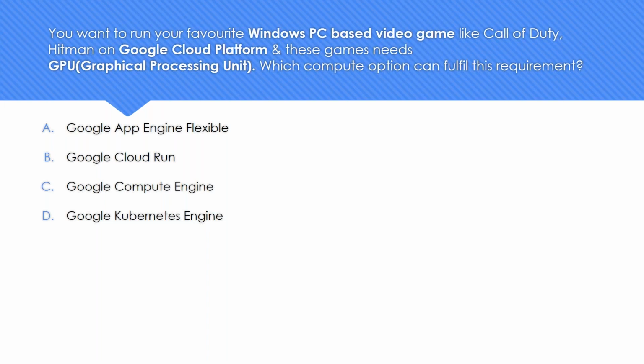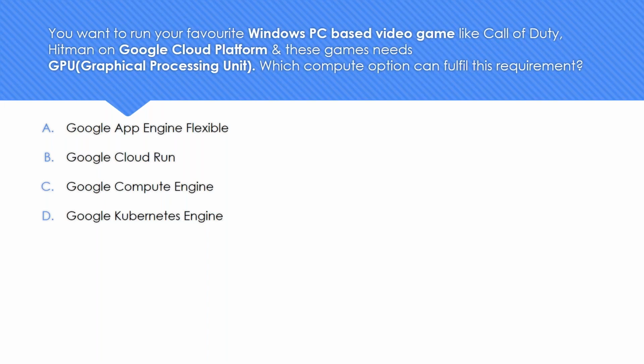I guess at least once in a lifetime you would have played a game. You will have a setup.exe file, you would have set it up, then ran it. So it's not going to be a web-based application. It's a console that usually happens with these games. So A gets ruled out because A focuses only on web, not on the console.